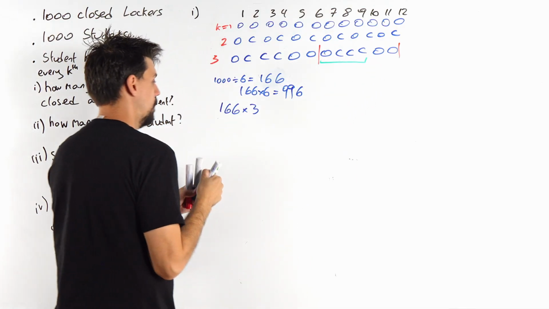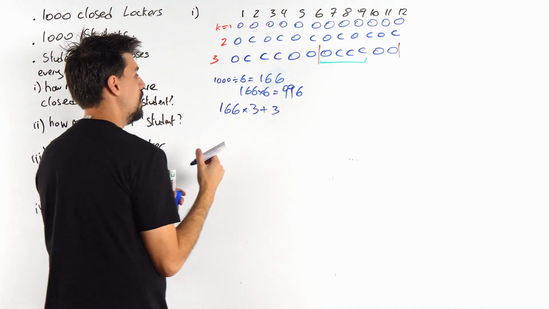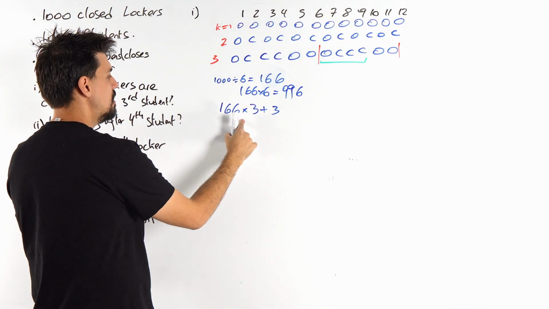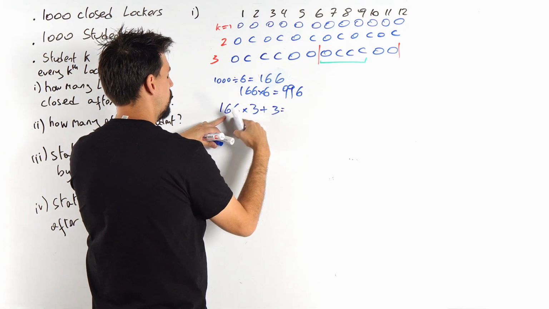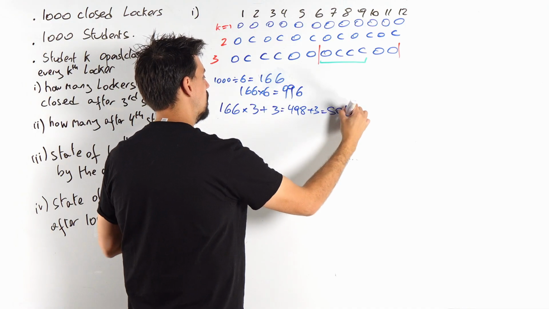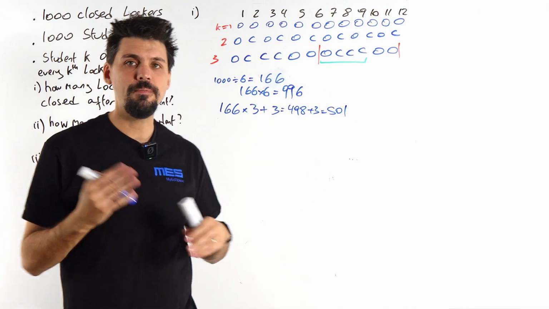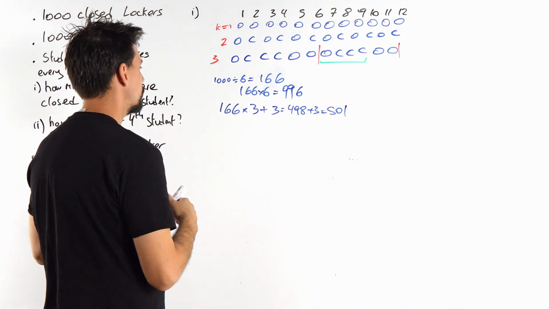So those 4 will provide another 3. So 166 times 3 is 498, plus 3 is 501. So in fact, there will be 501 closed lockers.